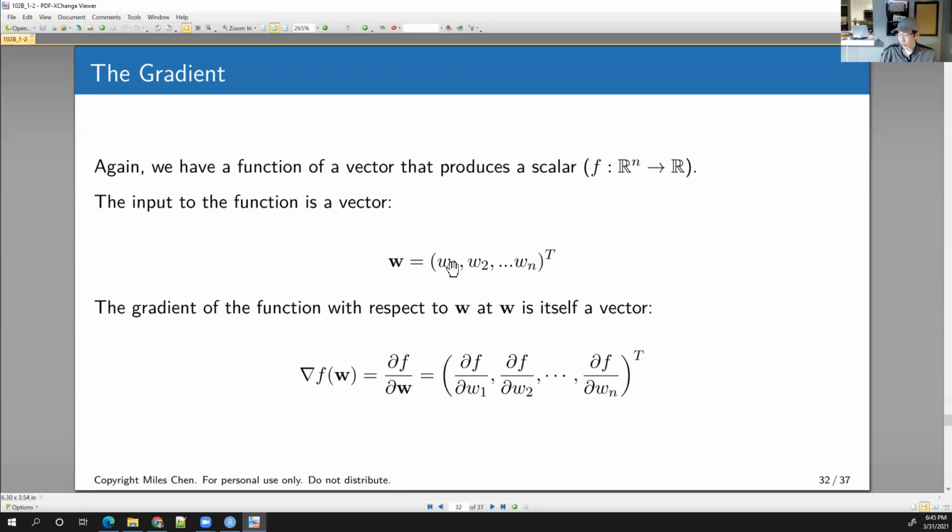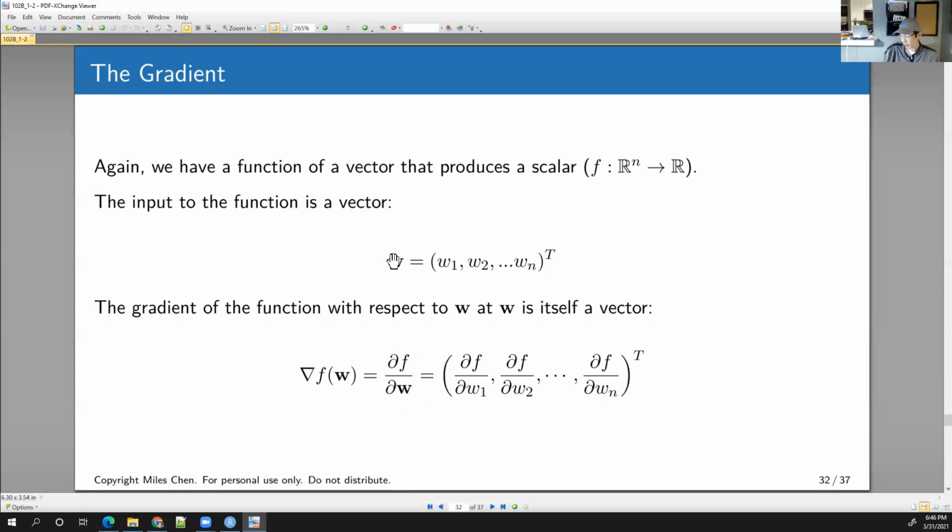The gradient of the function with respect to w is going to be a vector itself, a vector of partial derivatives: the partial derivative of the function with respect to W1, with respect to W2, all the way down to the partial derivative of f with respect to Wn. The important thing is that this vector W and its gradient will have the same dimensions.